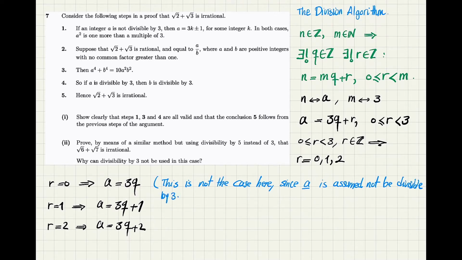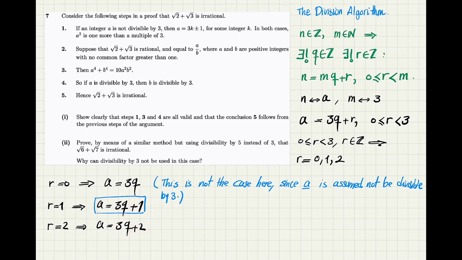So this cannot happen in principle. It might happen that this happens, which is good. It means that a is an integer multiple of 3 plus 1. But this one is a multiple of 3 plus 2.